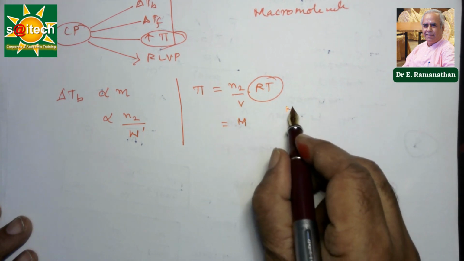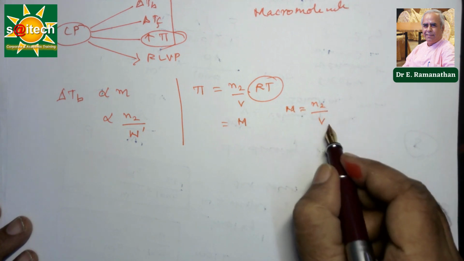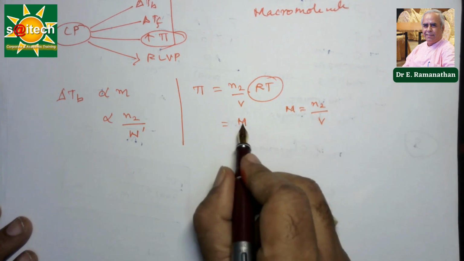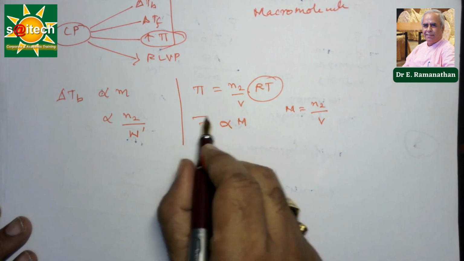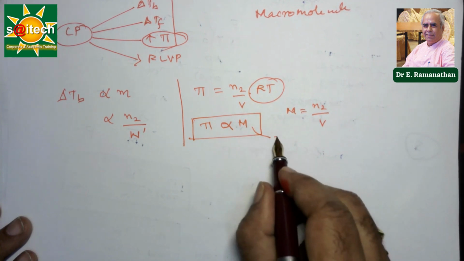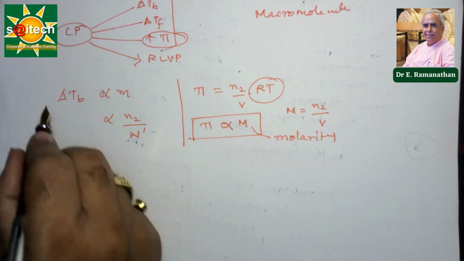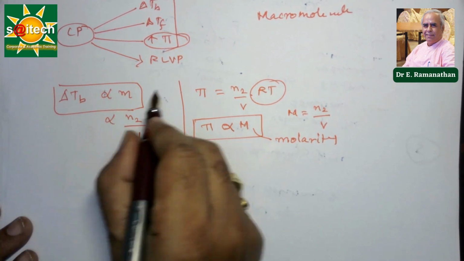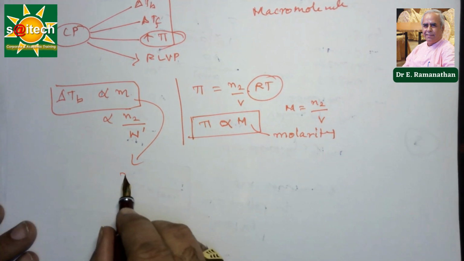Because M is equal to the number of moles of the solute divided by the volume of the solution. So pi is proportional to M, that is molarity. This capital M represents molarity, whereas here it is small m, which is nothing but molality.